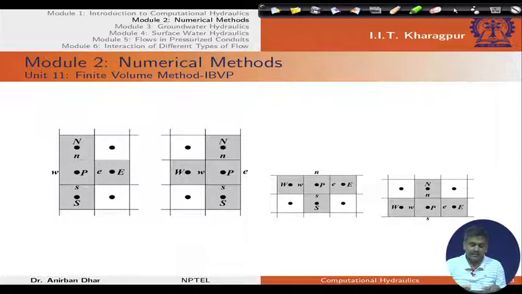But in this case near the boundary the discretization scheme is somewhat different, because we need to consider our no flow or specified flow conditions differently.